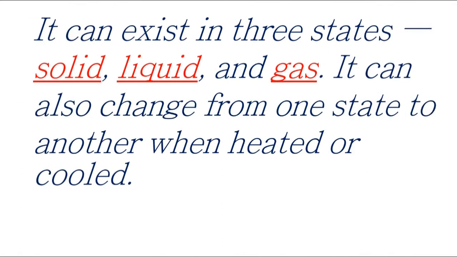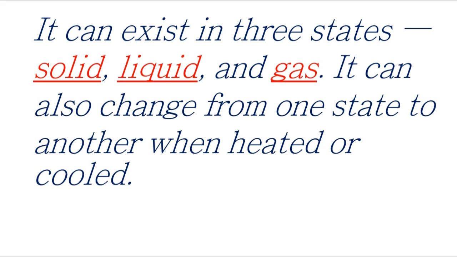Generally, matter can exist in three states. We have solid, liquid, and gas. It can also change from one state to another when heated or cooled. For example, an ice cube is in a solid form. When an ice cube melts, it turns into water, which is in a liquid form.